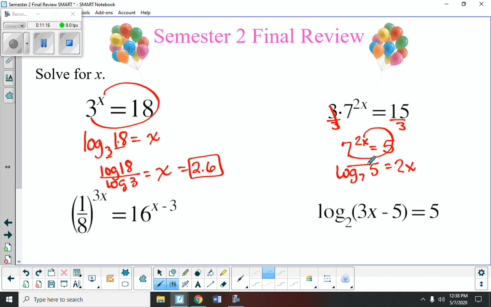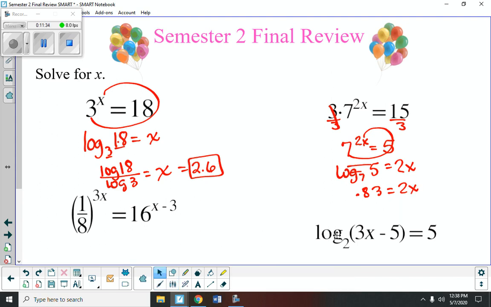So here we use the change of base formula, log of 5 divided by log of 7, and that gives you 0.83 equals 2x. And now to get x by itself, we divide both sides by 2. So x equals 0.41.